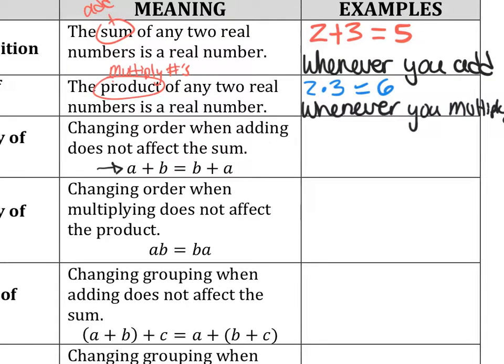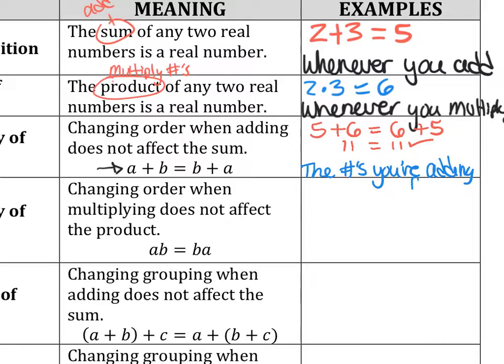An example would be like 5 plus 6 is the same as saying 6 plus 5. Either way you add them, you're going to get 11 both times. So this is where the numbers you're adding flip. So just the order changes.